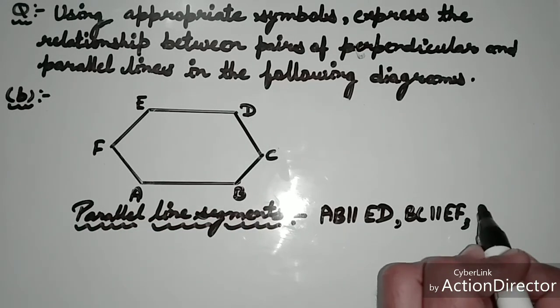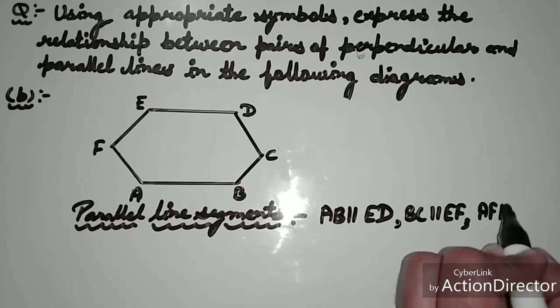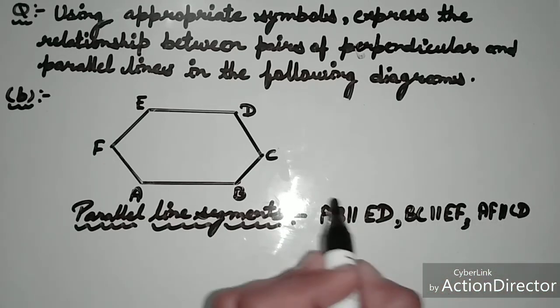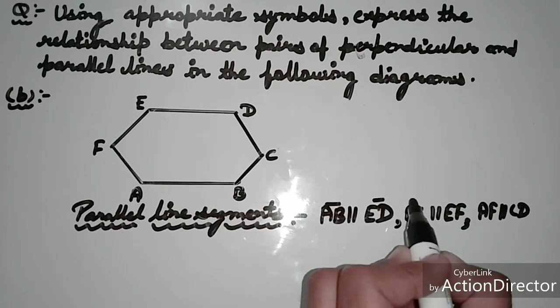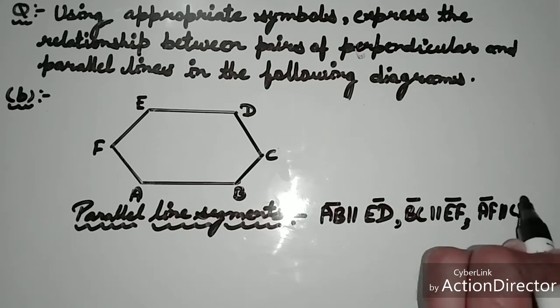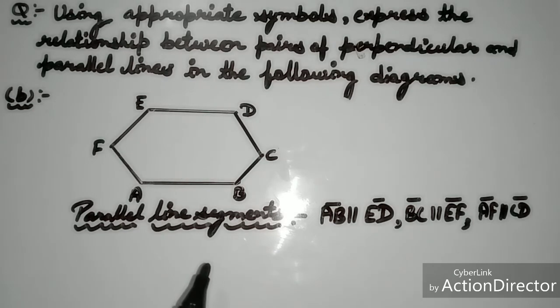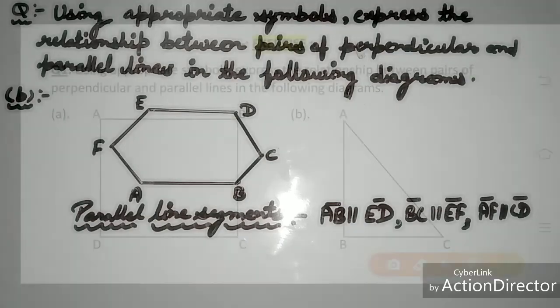So we write AF is parallel to CD, and we also mark the symbol on the line segments. And there are no perpendicular line segments in this figure.